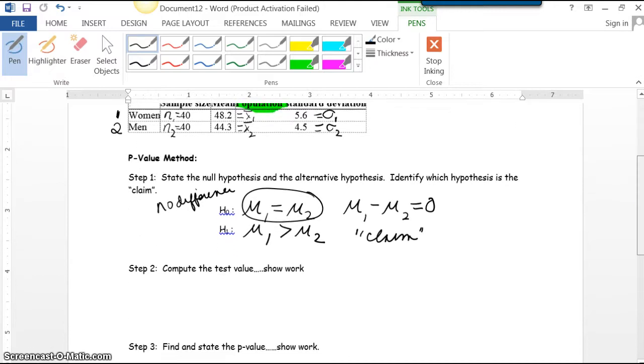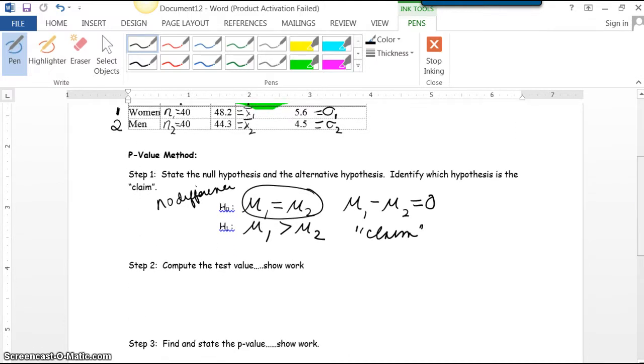We are going to compute the test value next, and the test value is the 48.2, the X bar 1, that's the women, minus the 44.3, that's the X bar 2, that's the men.